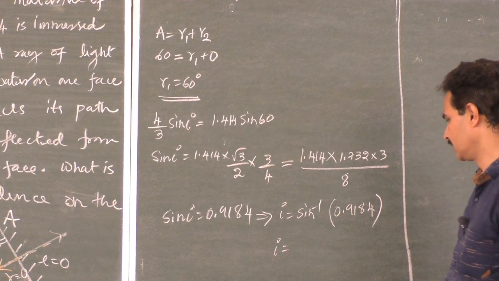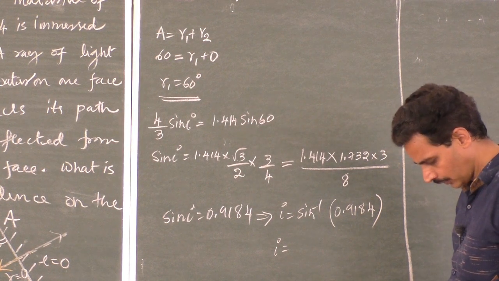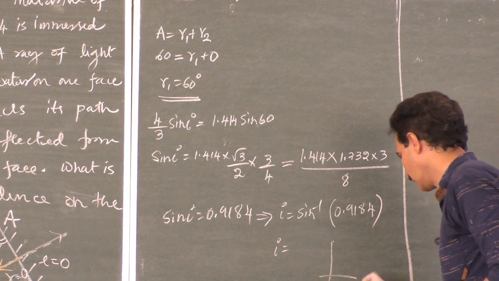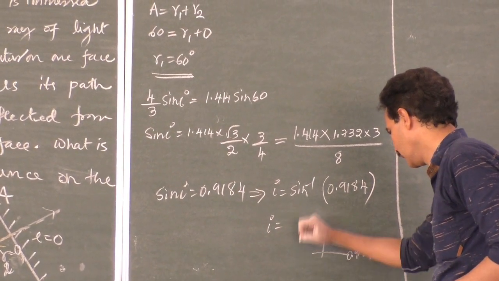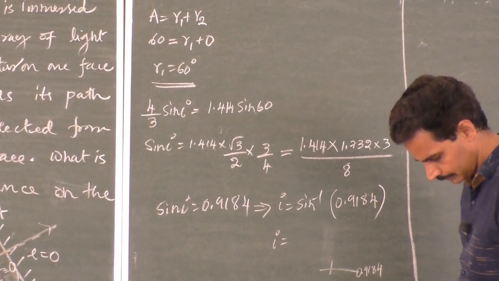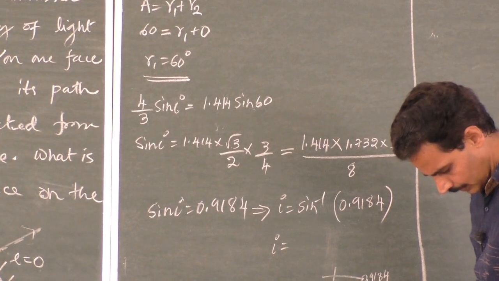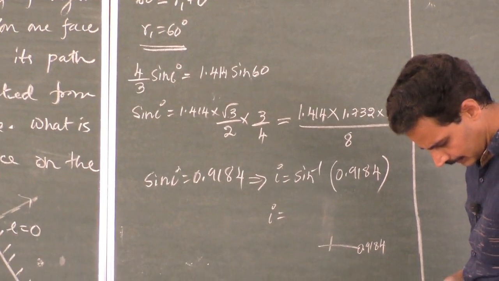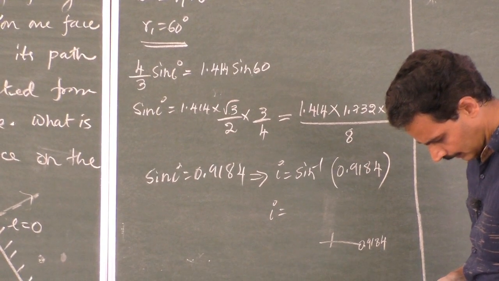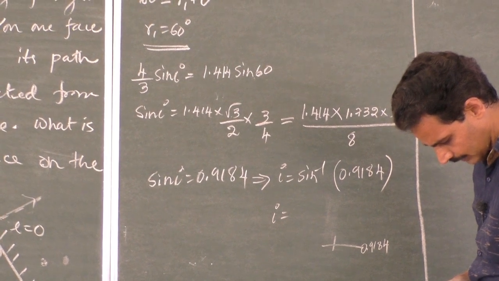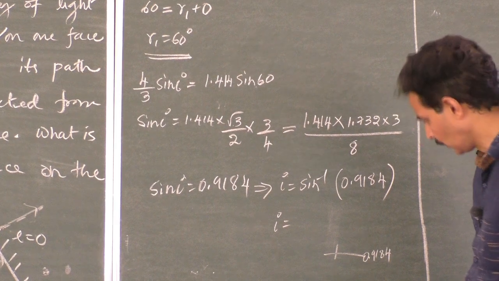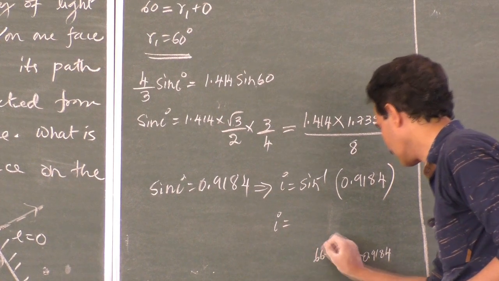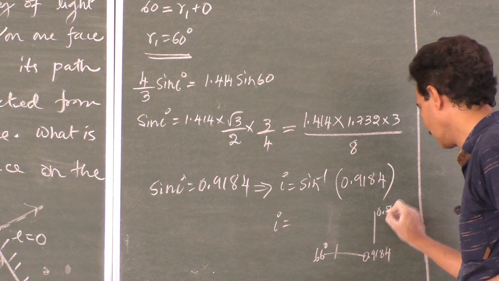Otherwise you go to the closest number. It is in the 66 degrees row and the 0.7 degrees column.